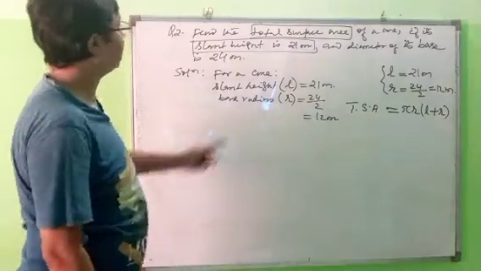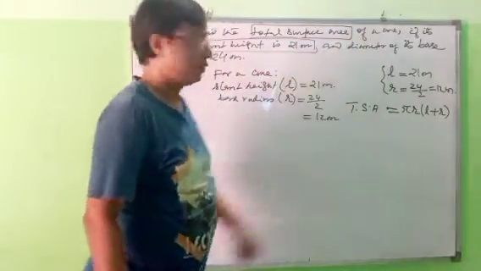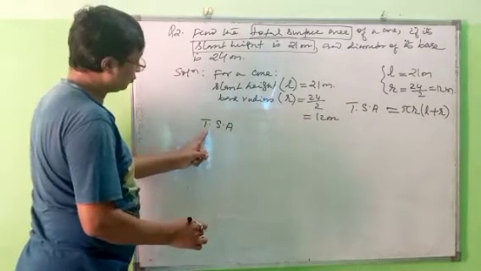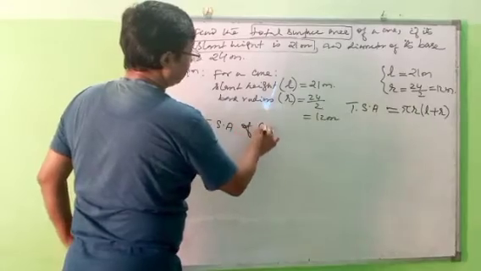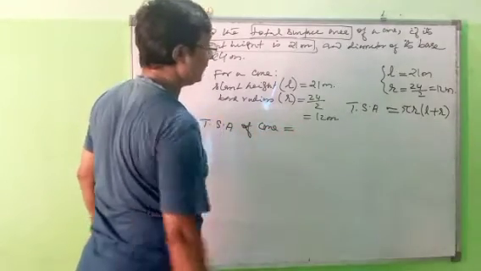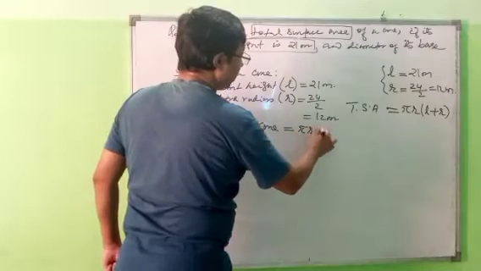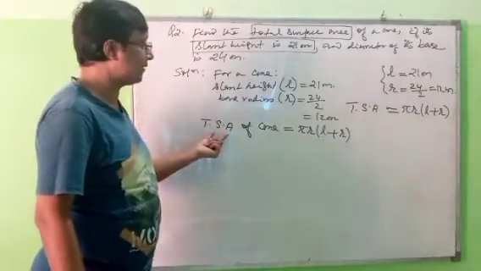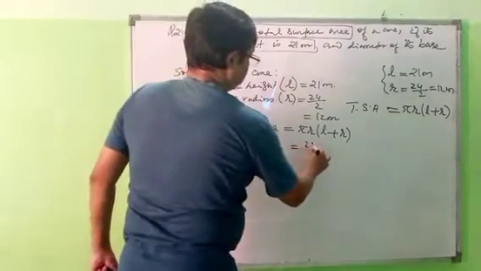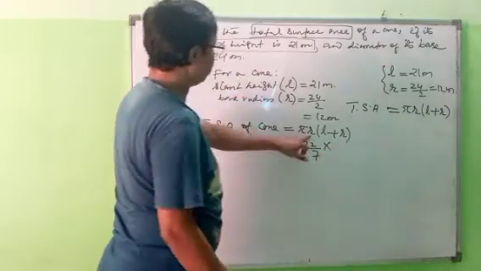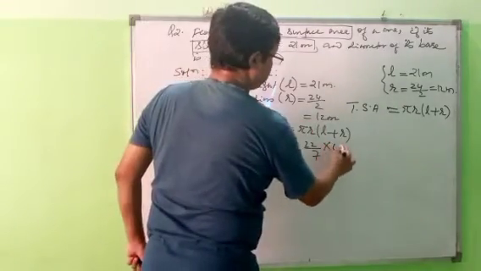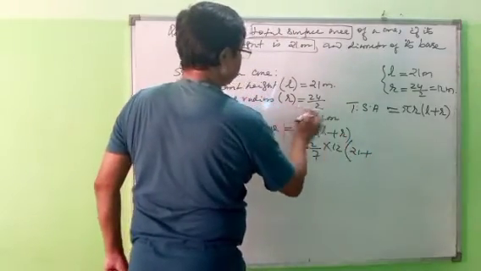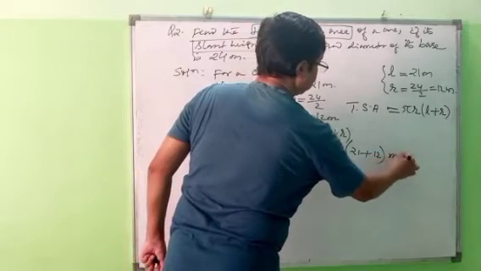Now you are asked to find the total surface area of the cone. So TSA, total surface area of cone, is given by the formula pi r into L plus r. So here radius is given as 12, so 12 into L, L is 21, plus r, r is 12, meters square.